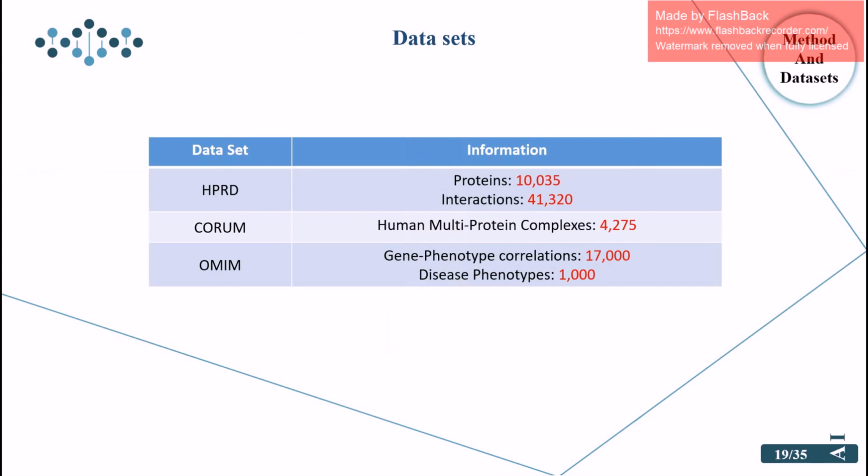I'm going to introduce our datasets now. Three datasets were used in our work. The first dataset is HPRD, which contains human proteins and their interaction values. It contains about 10,000 proteins related to humans, and there are about 41,000 interactions between them.